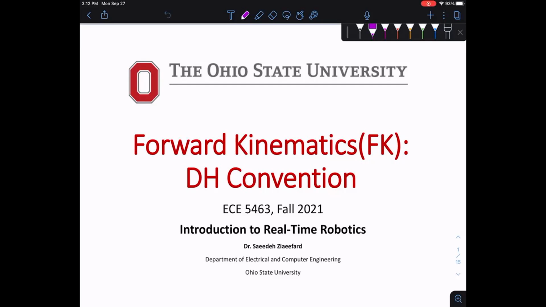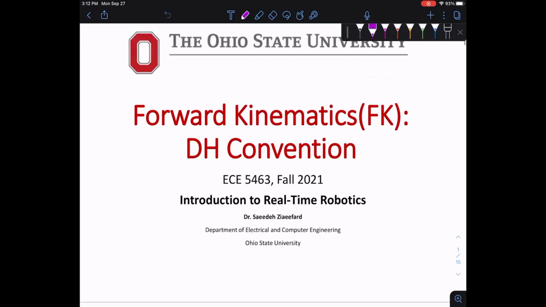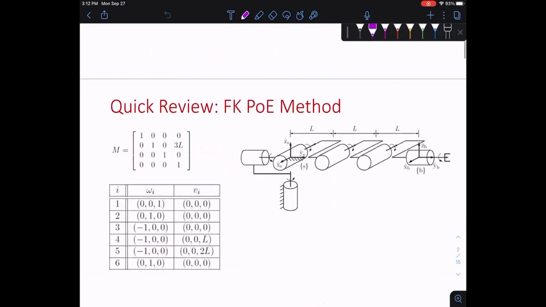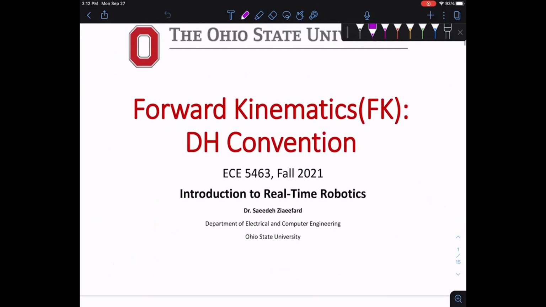All right. Now this method is a little bit funky in that you have to assign all the frames yourself. In the previous method, I gave you all the frames, right? So usually the DH convention is used when you are assigning the frames yourself. Assigning frames ourselves has a good benefit.